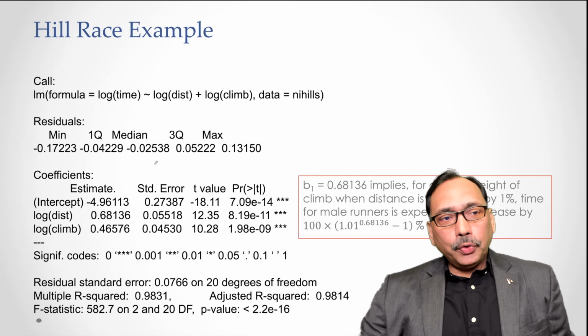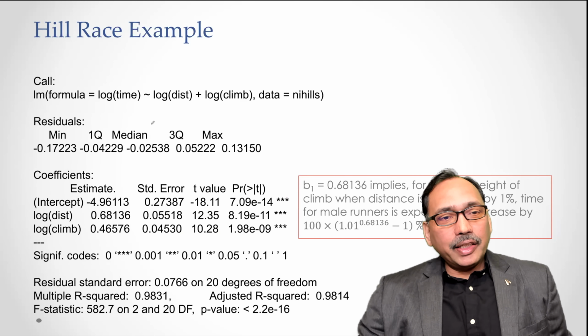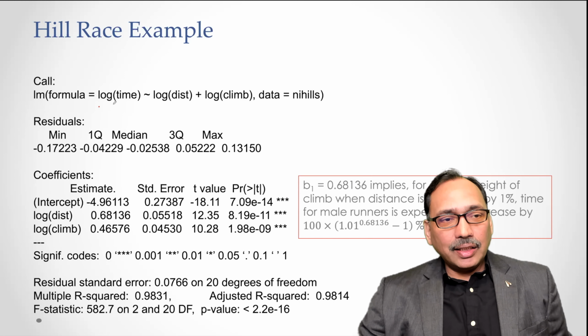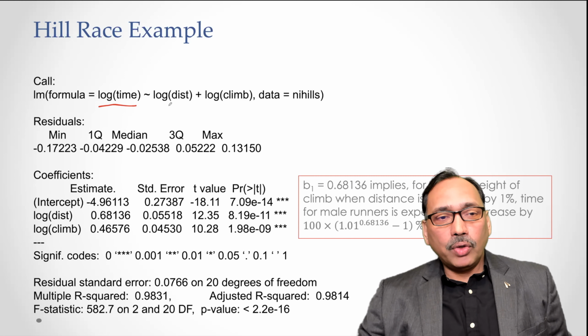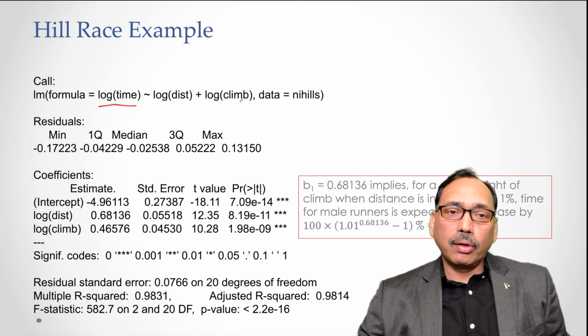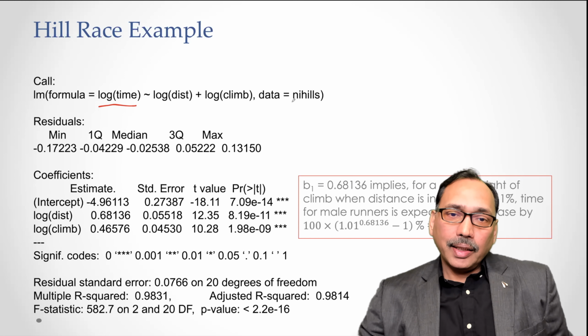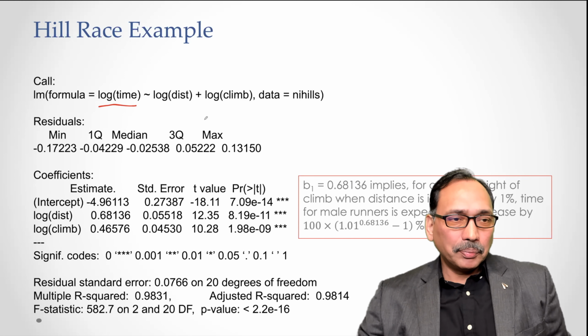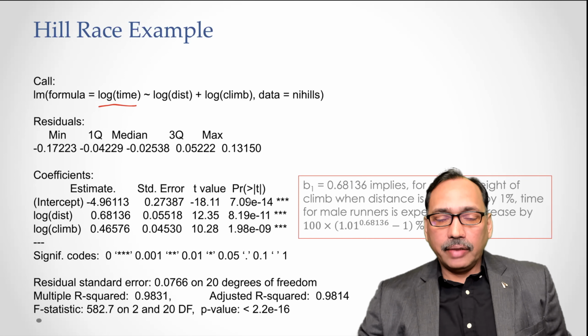We did not even do a multiple regression with the original variables. We did it only with log. So we have taken log of time versus log of distance plus log of climb. And this is the summary output. All the three are statistically significant, you can see.